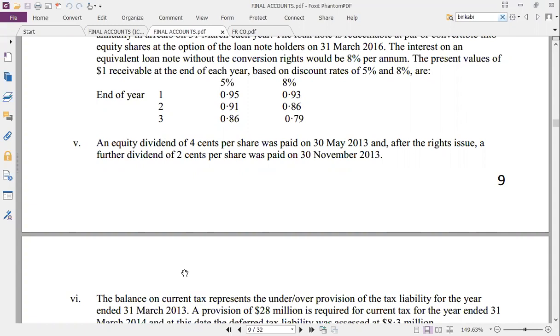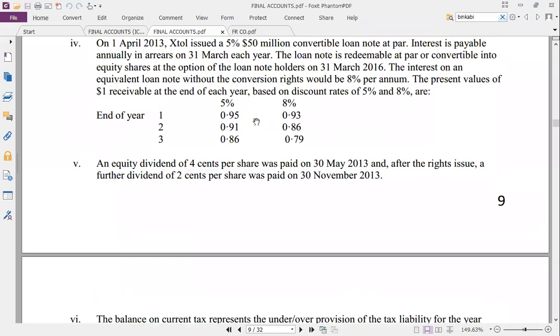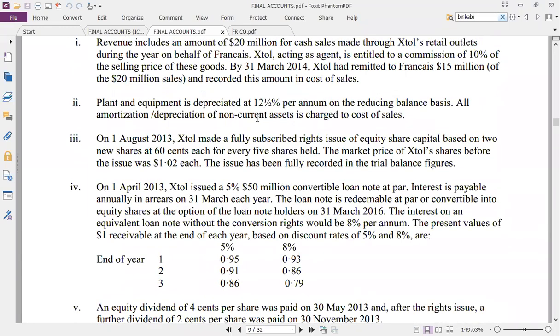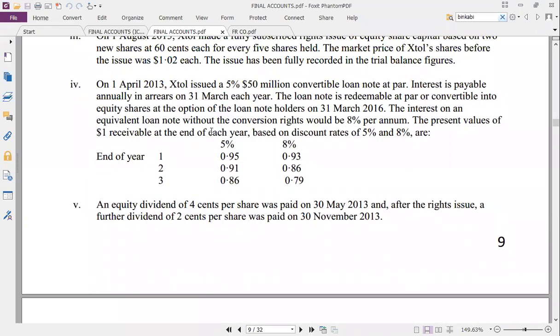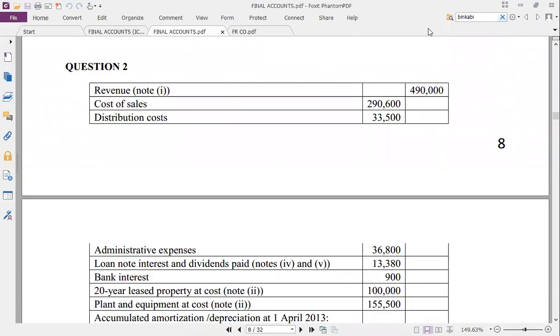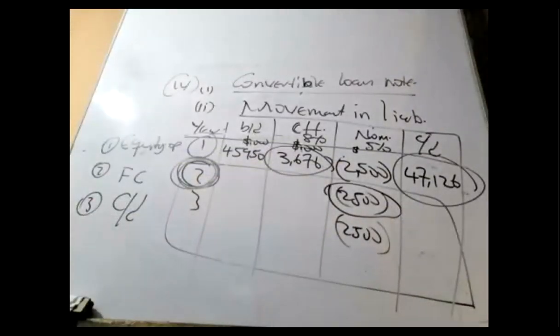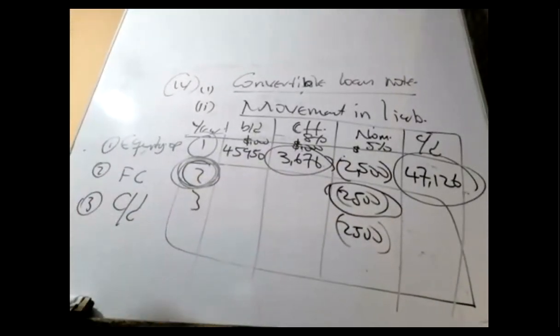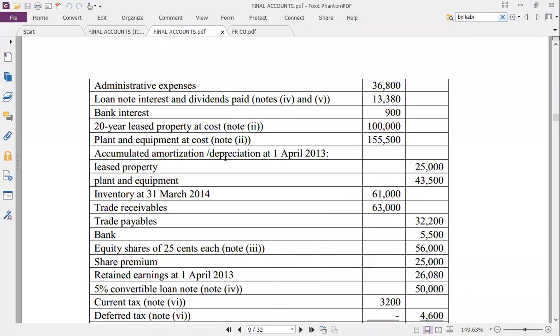This is so clear. If you go to the footnote, they've combined the dividend and the interest together. And we know the interest to be 2,500 from the previous footnote. So if you go to the trial balance and they've combined the interest with any other item, then you can find the difference as the dividend.